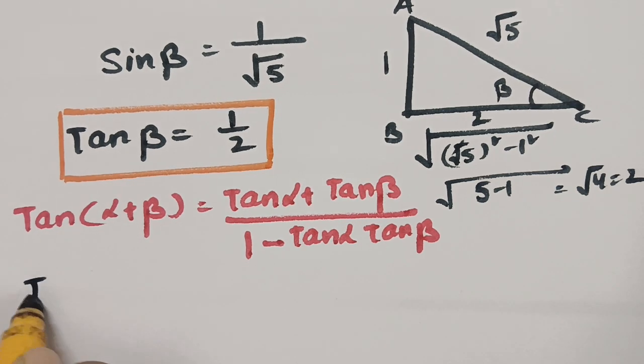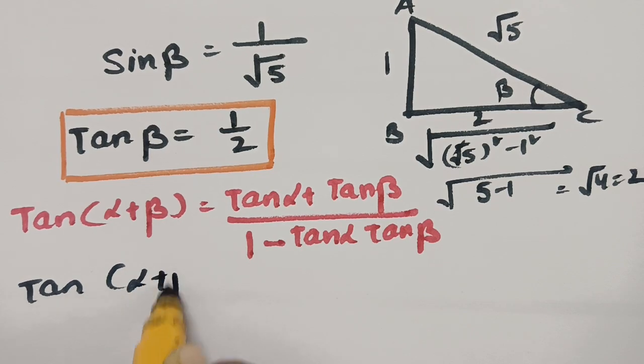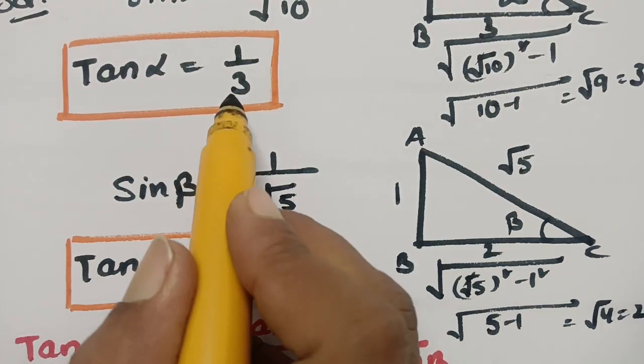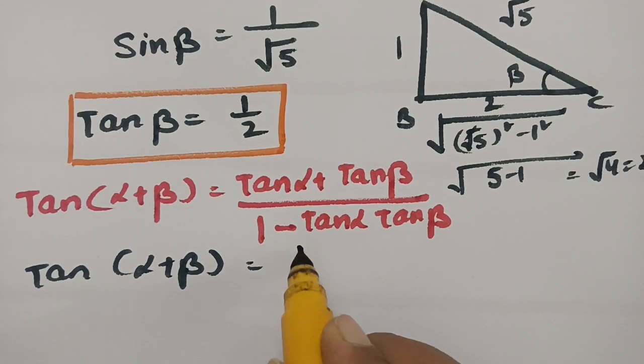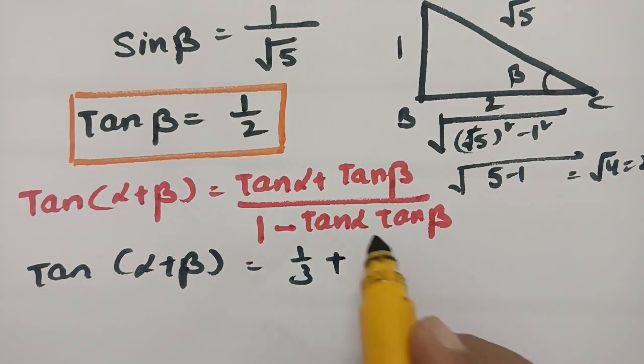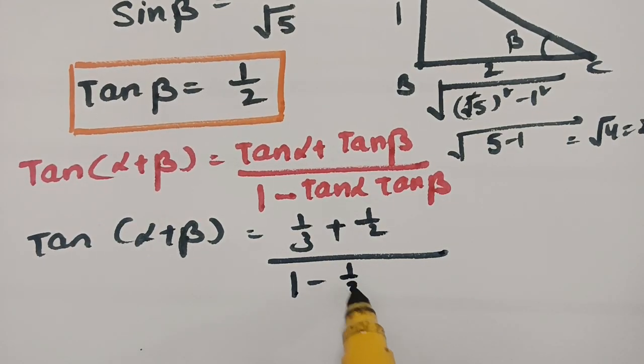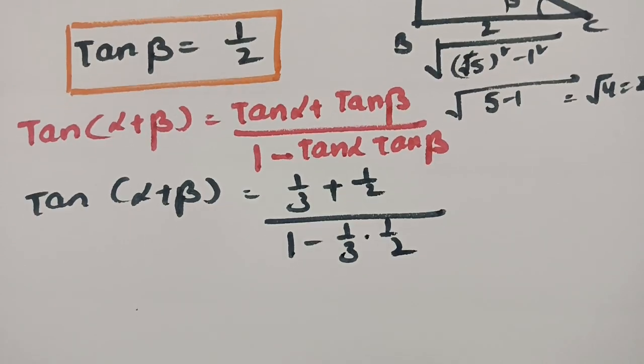So tan of alpha plus beta is equal to, what is tan alpha? Tan alpha value is nothing but 1 by 3, plus tan beta value, which is half, by 1 minus tan alpha, which is 1 by 3, into tan beta, which is half.